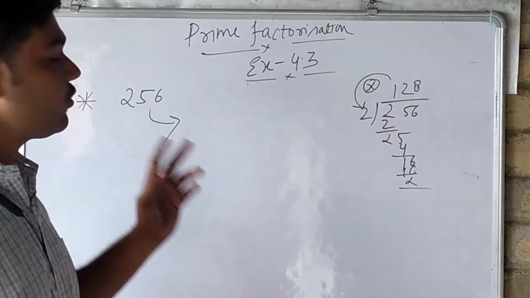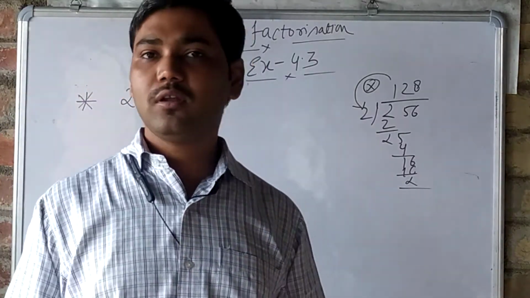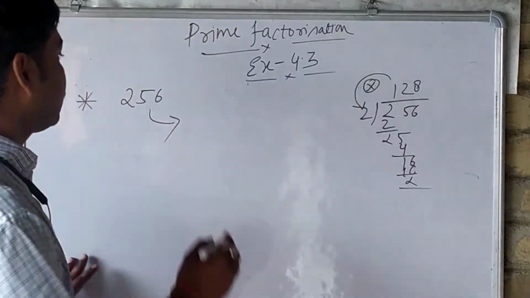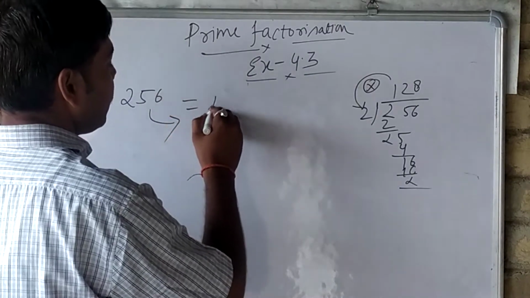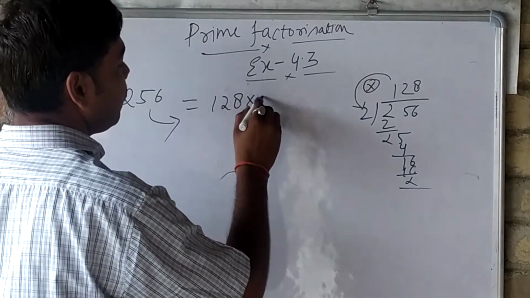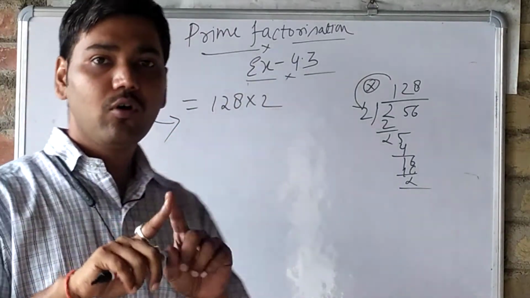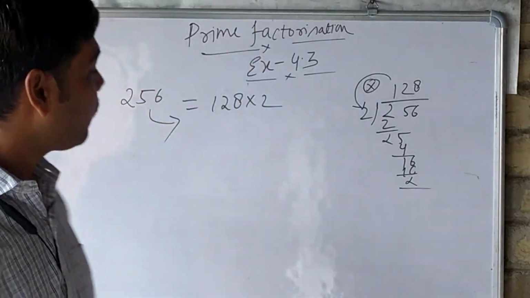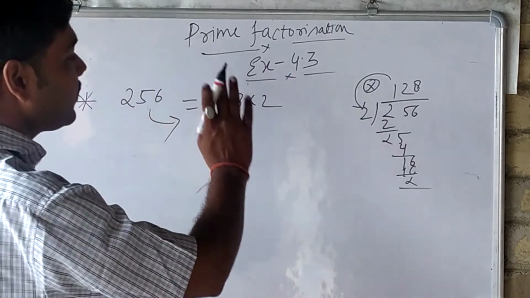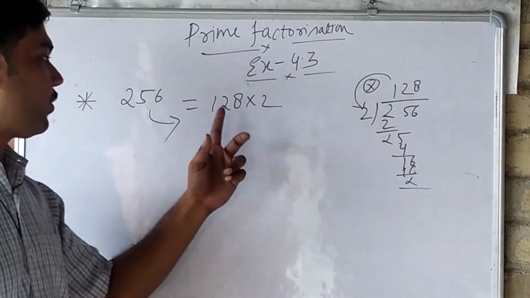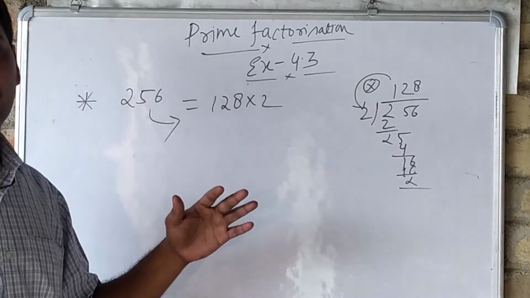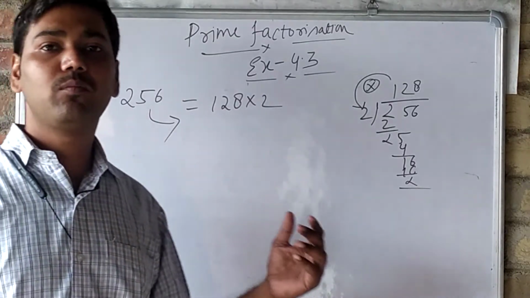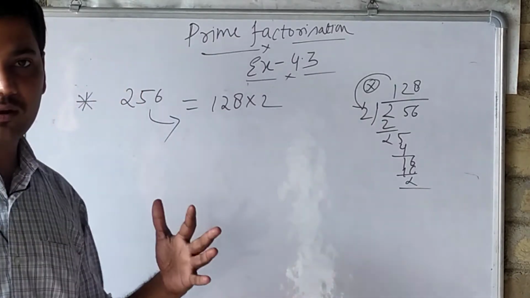Why? Because we do not know which table 256 comes in. So here we have gained 128 into 2. Now when we multiply these two values, we get 256. Now what do we have to do? 2 we know is a prime factor, but 128 we have to break into prime factors.